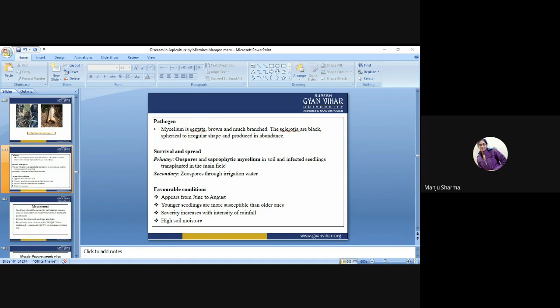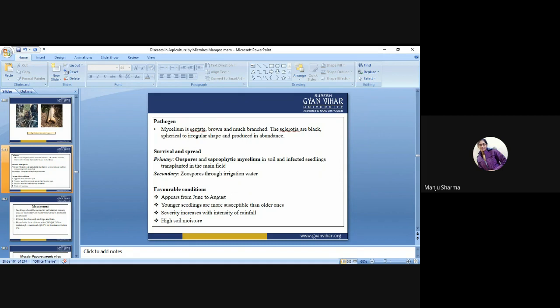Pathogen: the mycelium is septate, brown, and much branched.